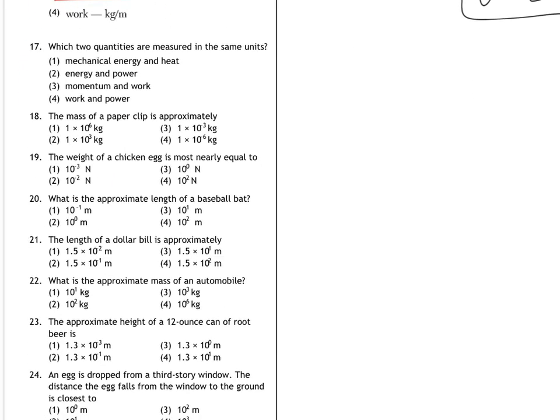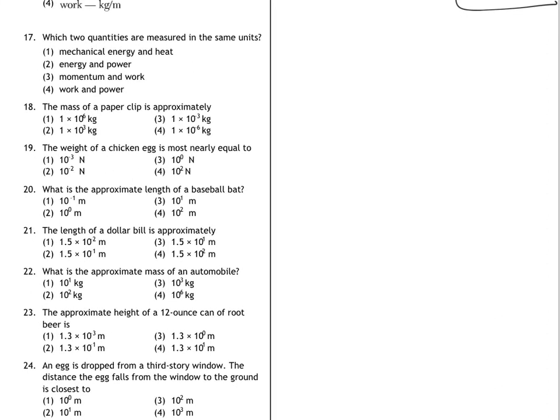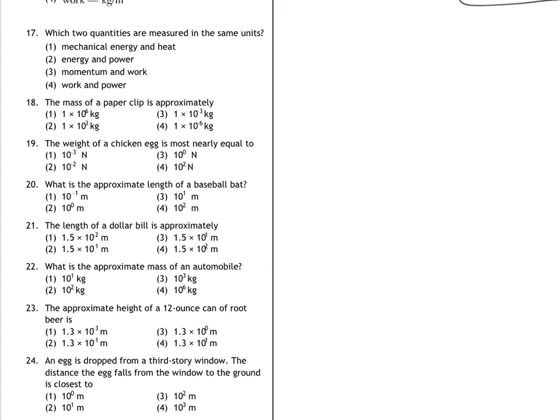Moving on, number 17, which two quantities are measured in the same units? I'm going to glance and see if I can find work and energy. That would be the best answer. I don't see work and energy, but check this out.